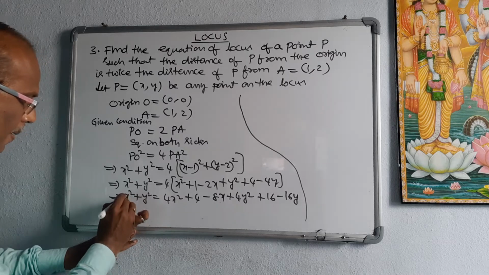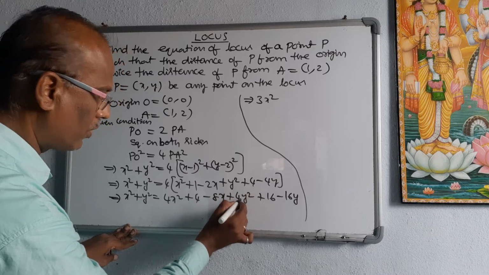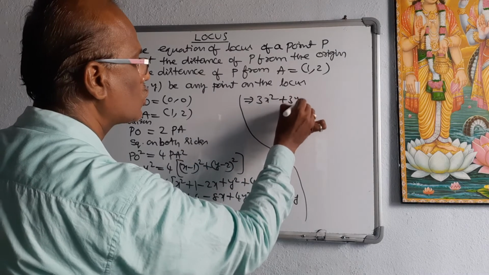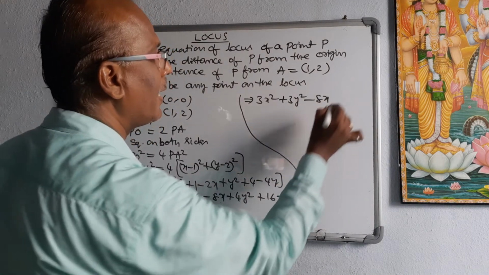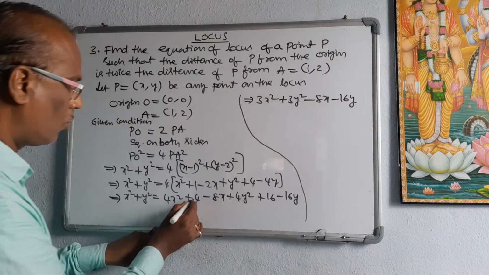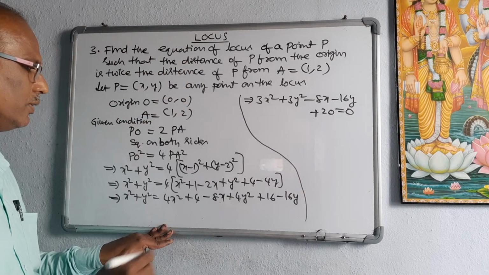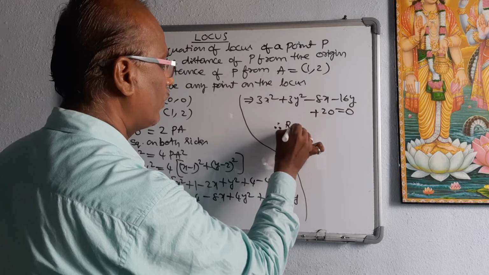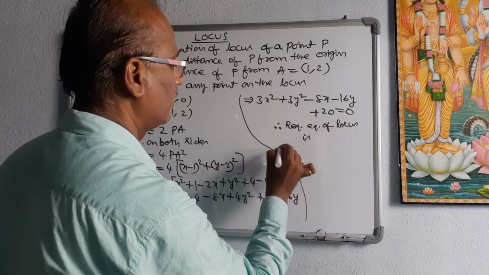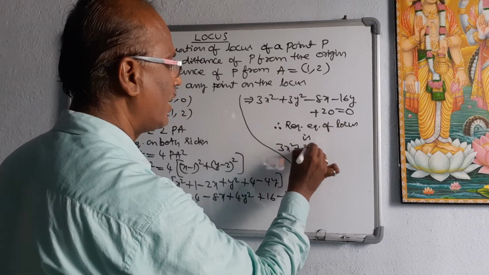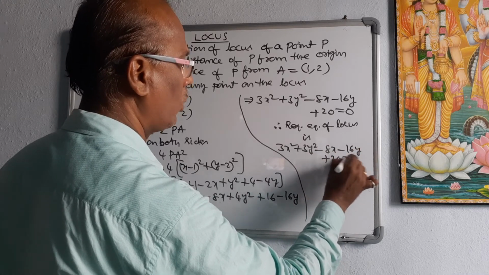Here 4x square minus x square is 3x square, 4y square minus y square is 3y square, minus 8x minus 16y, 4 plus 16 is 20, plus 20 equal to 0. Therefore, the required equation of locus is 3x square plus 3y square minus 8x minus 16y plus 20 equal to 0.